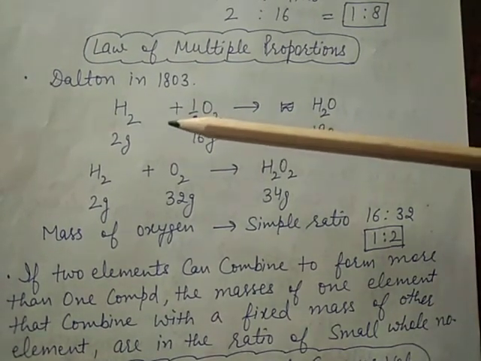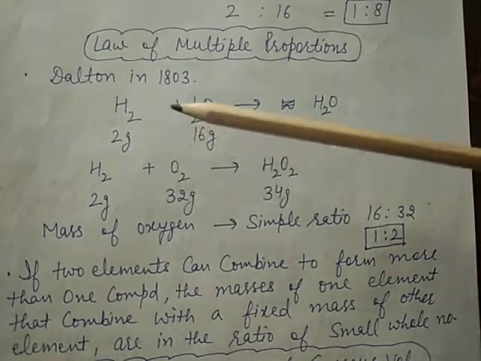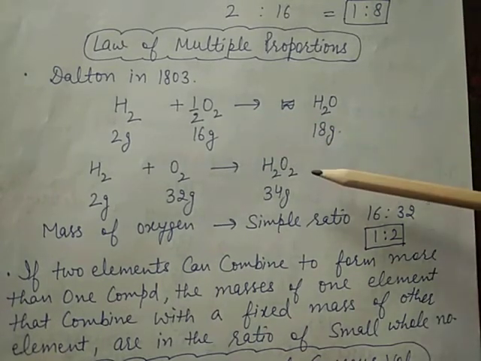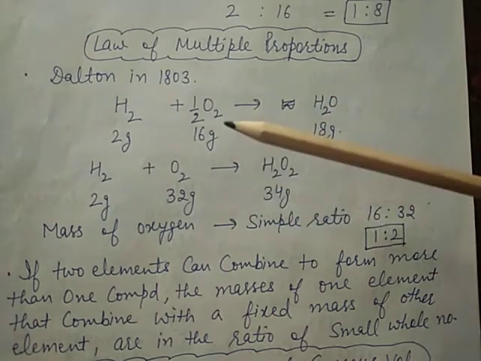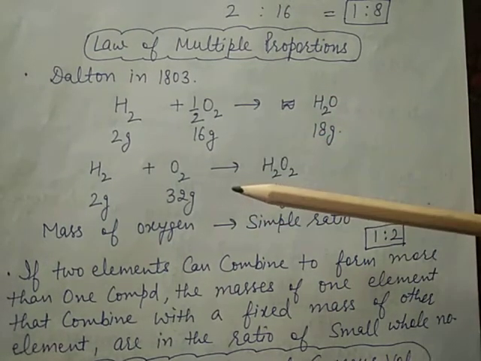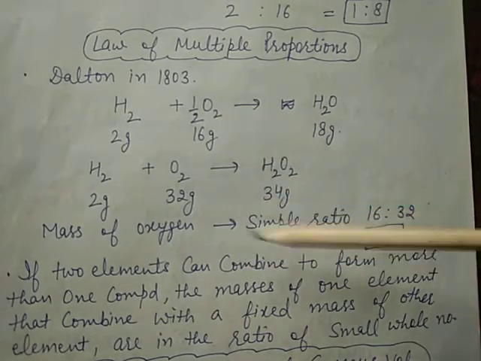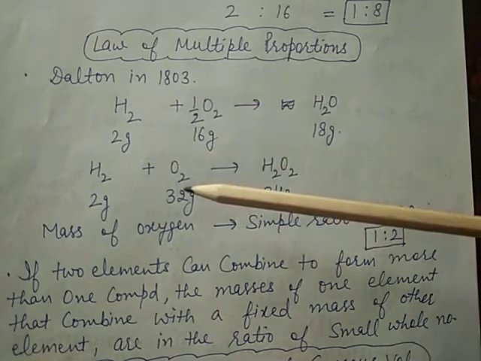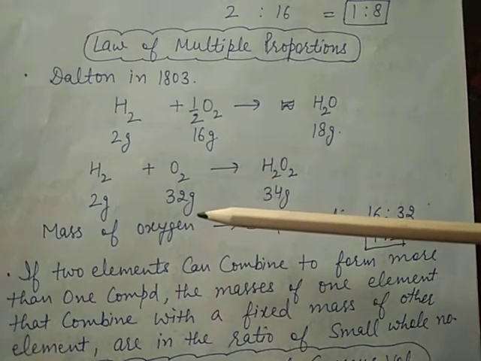So according to this law, water and hydrogen peroxide are the two compounds formed by the combination of hydrogen and oxygen. But the mass of oxygen here is 16 gram, and during the formation of H2O2 it is 32 gram.